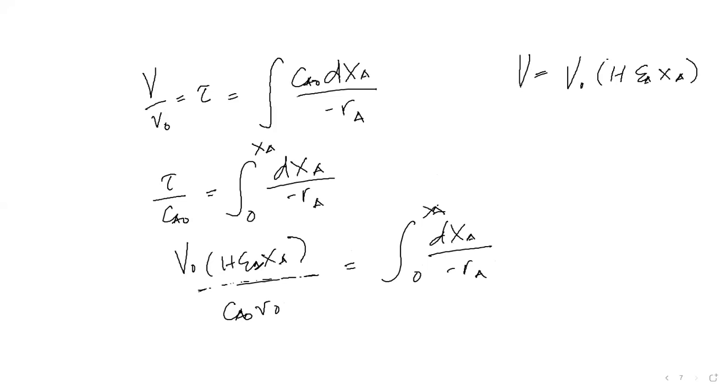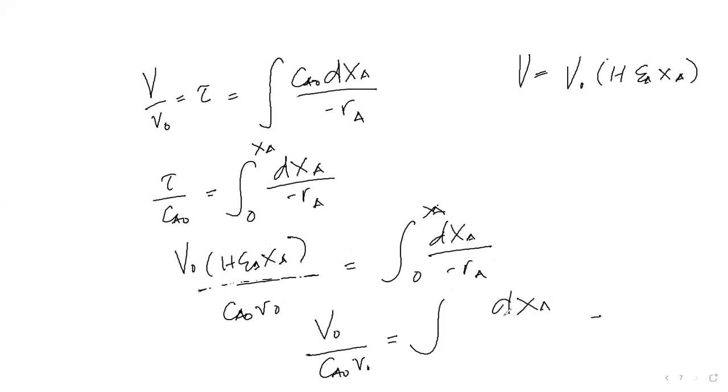Since the rate is a function of conversion, you have no choice but to transfer it to the right side. So you will have V sub O over CAO v sub O equal to the integral of dXA.